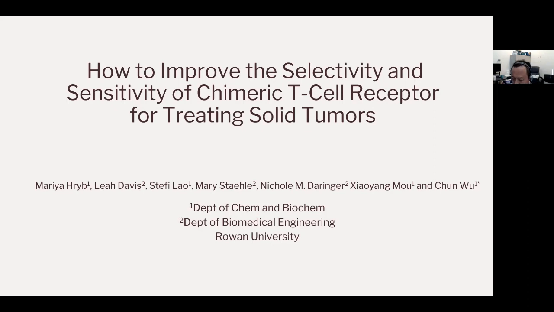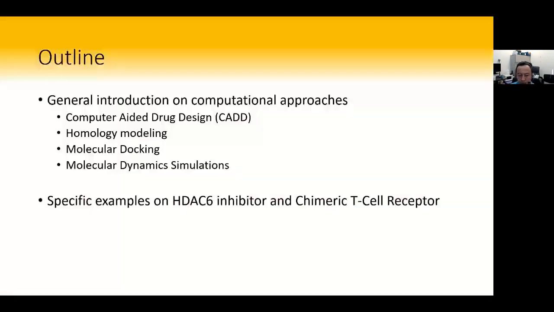Thank you, George, for that nice introduction. Okay, today's talk, I will cover a general introduction to the computational approach to drug discovery. I will specifically cover the overall computer-aided drug design strategy, and then specific techniques, including homology modeling, molecular docking, and in particular, molecular dynamic simulation.